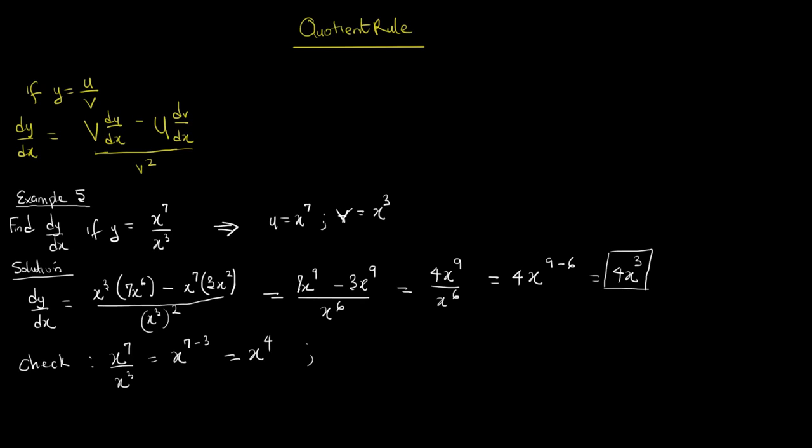If we differentiate now dy/dx for this x raised to power 4, we're going to get 4x raised to power 4 minus 1, which gives us 4x raised to power 3. This is the same thing as we just got a moment ago. So that makes complete sense that the quotient rule is correct.